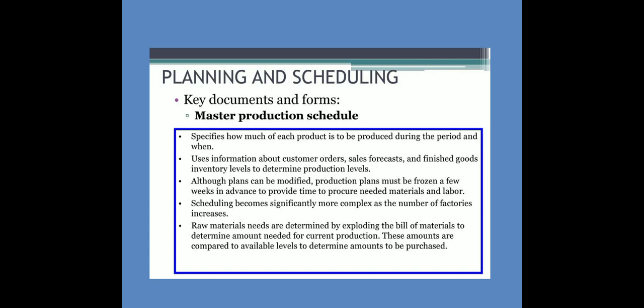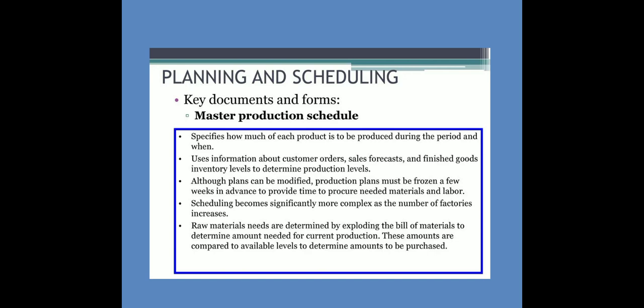So, andito pa rin tayo sa planning and scheduling. Key documents and forms. Master production schedule. Specifies how much of each product is to be produced during the period and when. Uses information about customer orders, sales forecasts, and finished goods inventory levels to determine production levels.